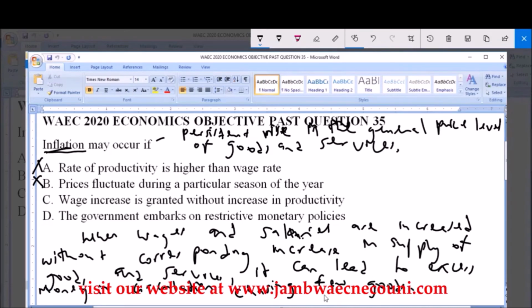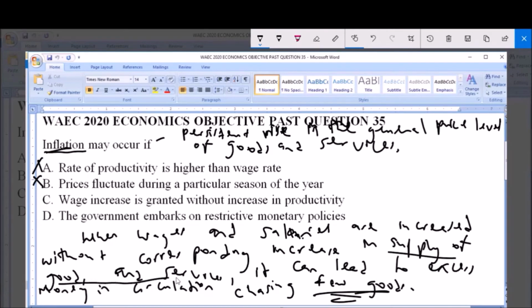So the prices of the few goods, because of the excess amount of money in circulation, will rise. And that will be inflation. So this is what happens when wages and salaries are increased and there is no corresponding increase in supply of goods and services, that is increase in productivity.